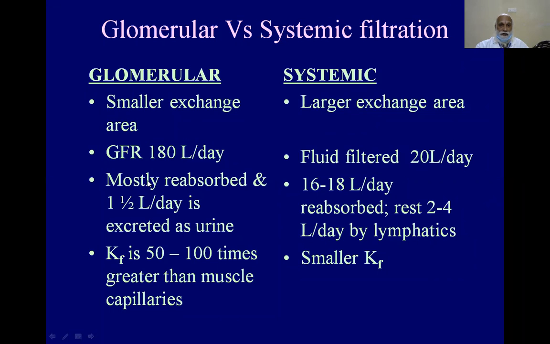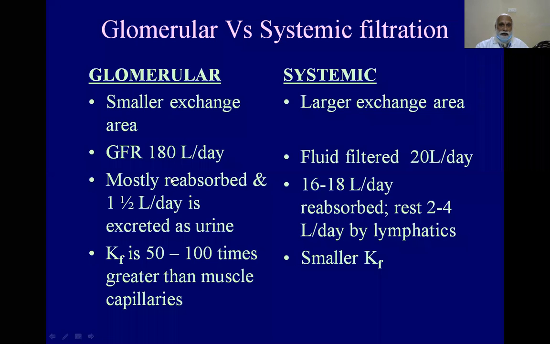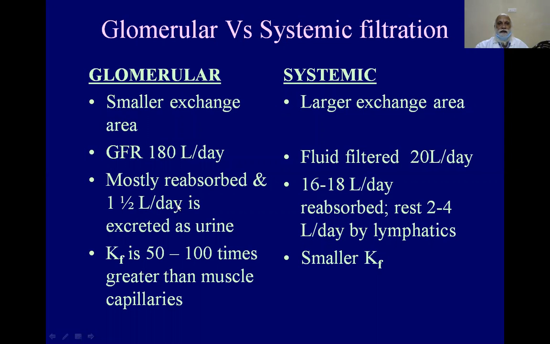Of this 180 liters per day, only about 1.5 liters per day is excreted as urine. So GFR is 180 liters per day, and what comes out as urine is on average 1.5 liters per day.